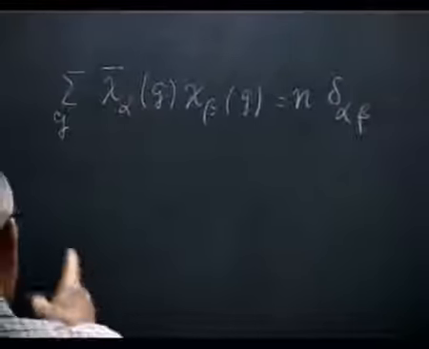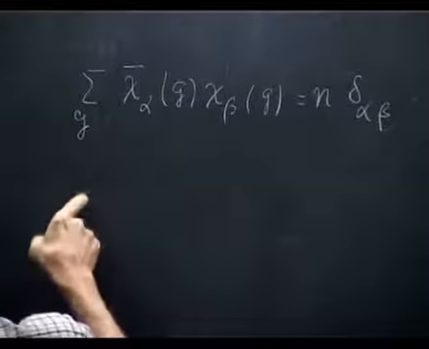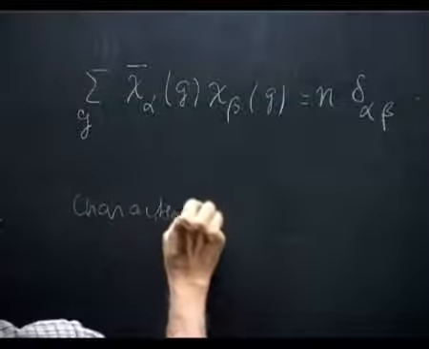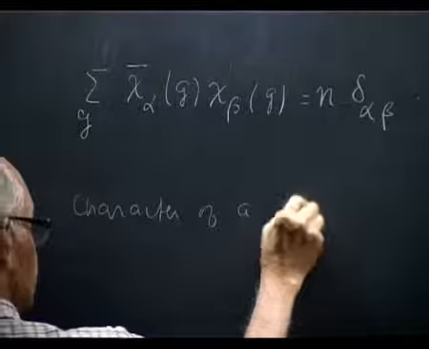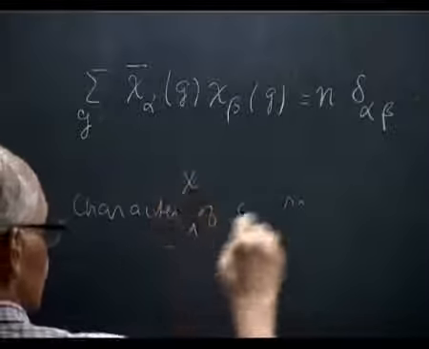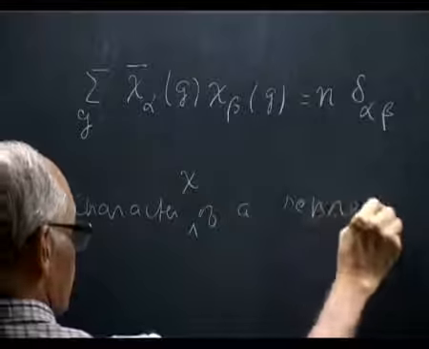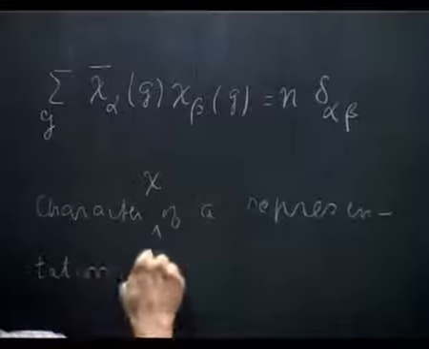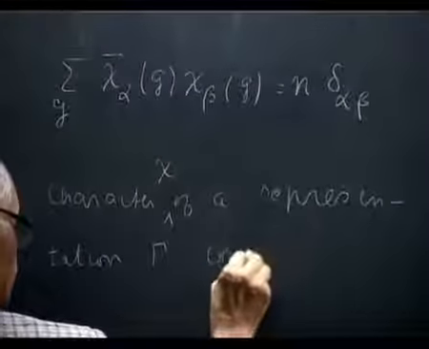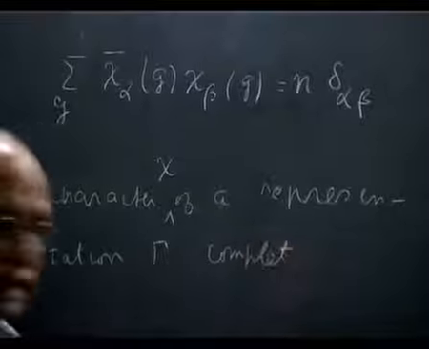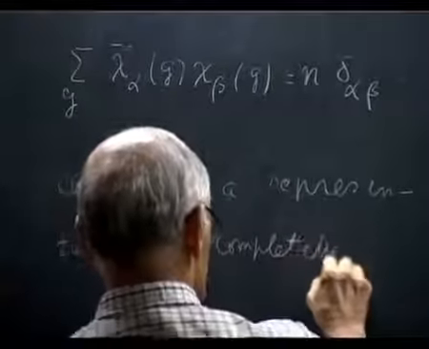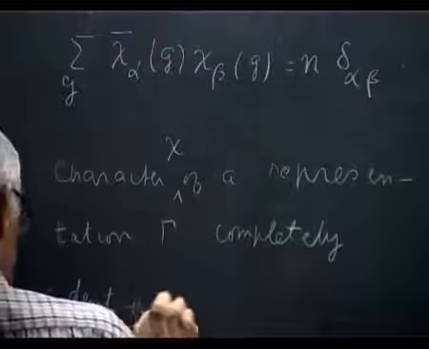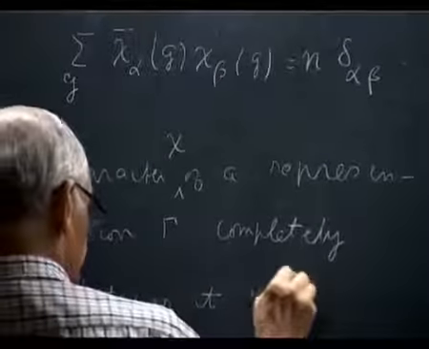Then we also proved that the character of a representation chi gamma completely identifies it, up to equivalence.